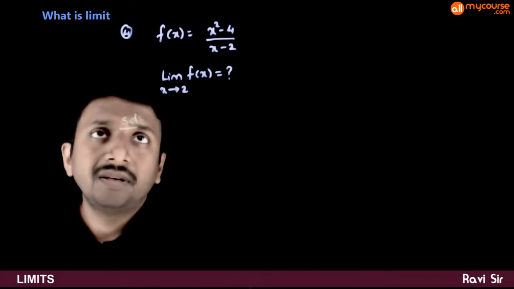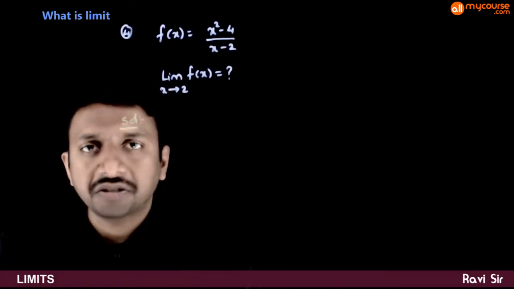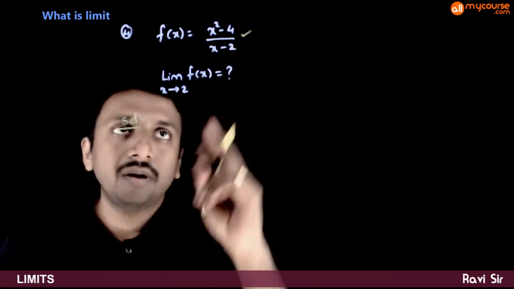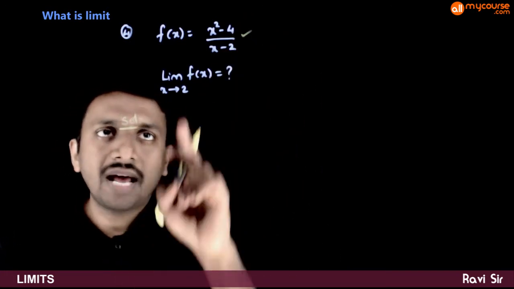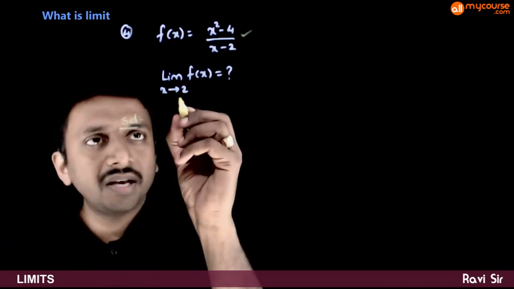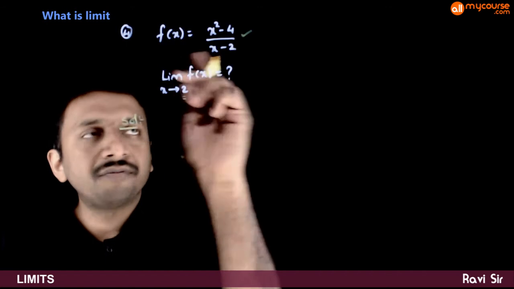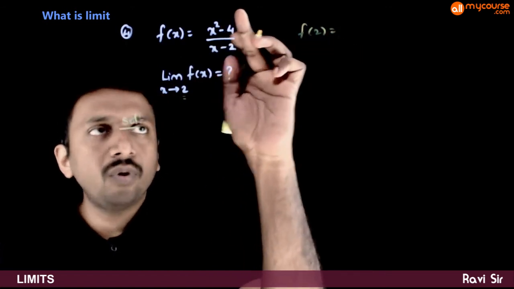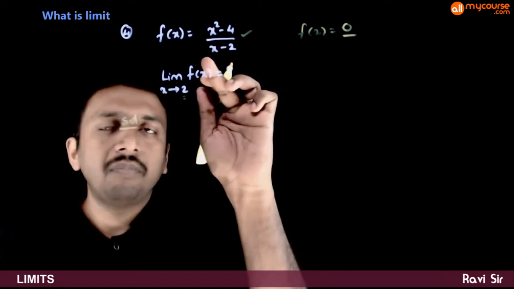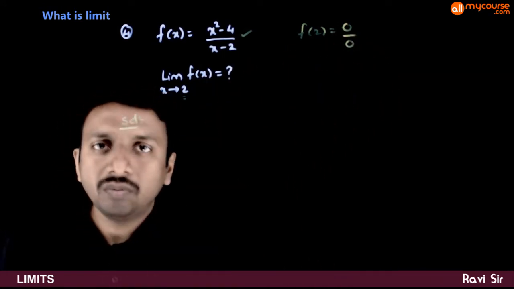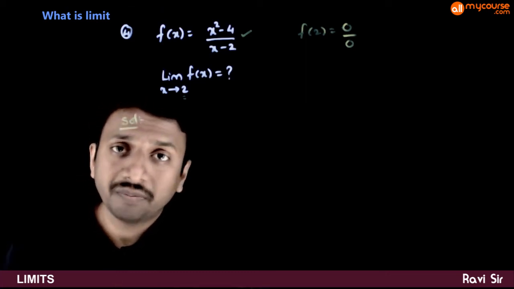Now, as the fourth example, let us take this function. Let f of x is equal to x square minus 4 by x minus 2. You are asked to find limit x tends to 2 f of x. As you can clearly see, what is f of 2? F of 2 is 4 minus 4, 0 by 2 minus 2, 0 by 0.